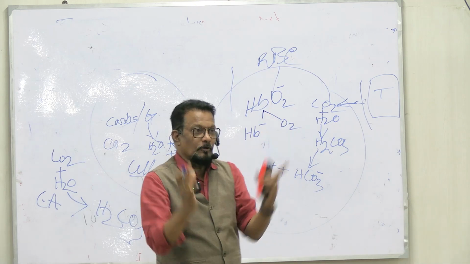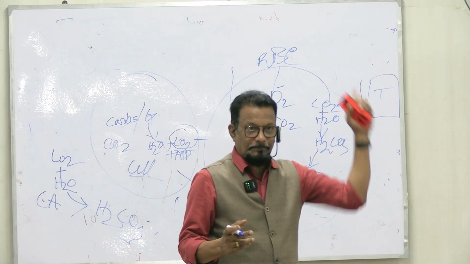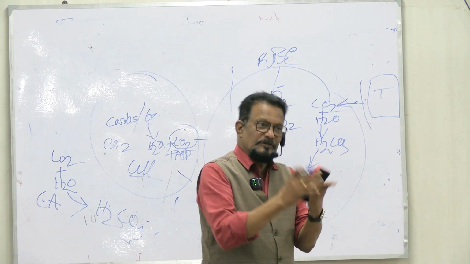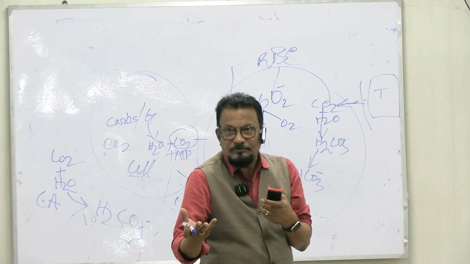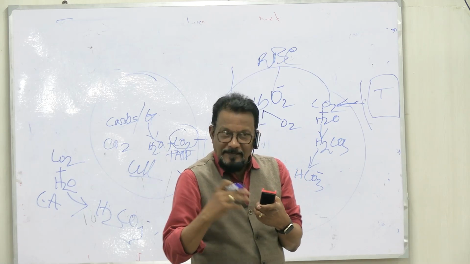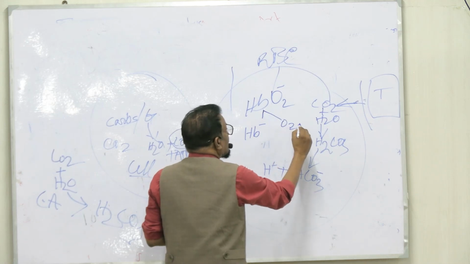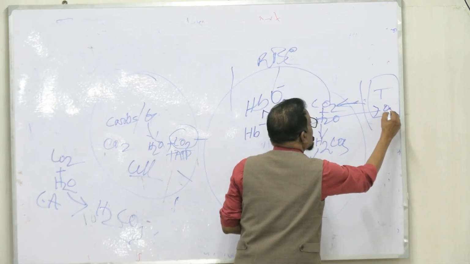So the hemoglobin carried oxygen from the lung to supply to the tissues. So this compound, oxyhemoglobin, has to liberate its oxygen. So it has liberated its oxygen. Now it will be passing to the tissues.